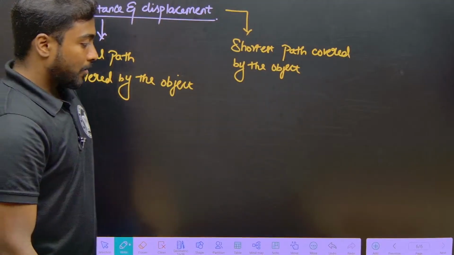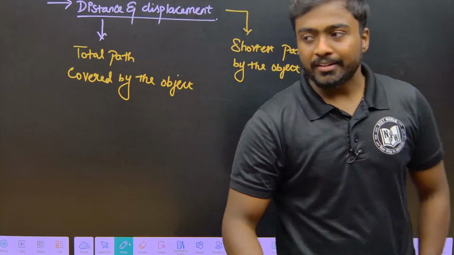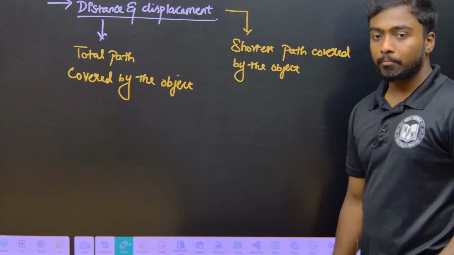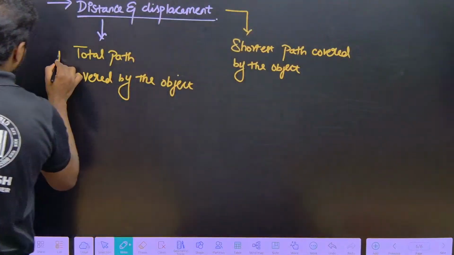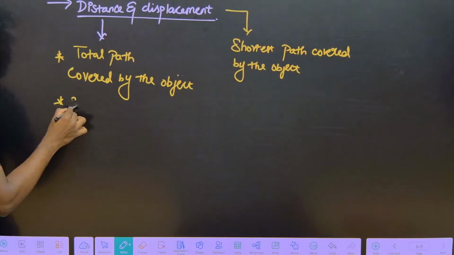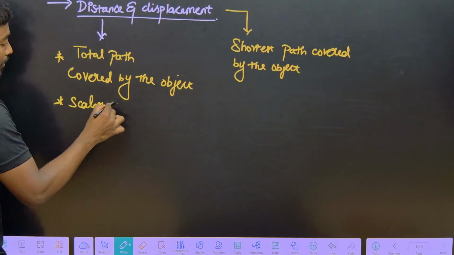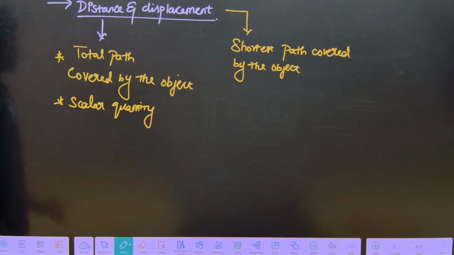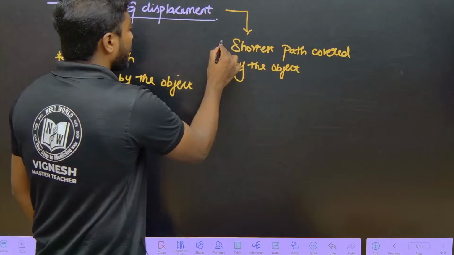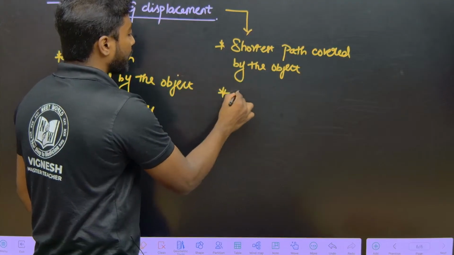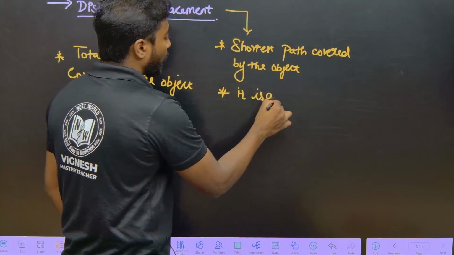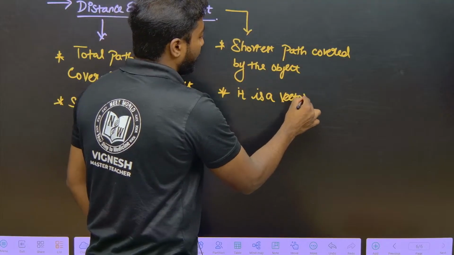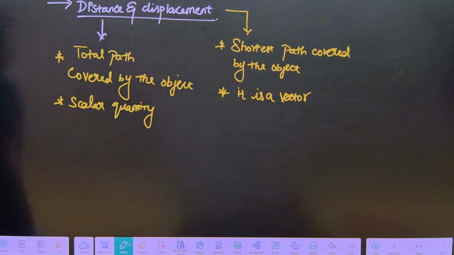One more thing, distance is a scalar quantity. First point, this is the total path. Second point, it is a scalar quantity. What is a scalar quantity? It has only magnitude, no direction. Displacement is a vector quantity. Both direction and magnitude are there.